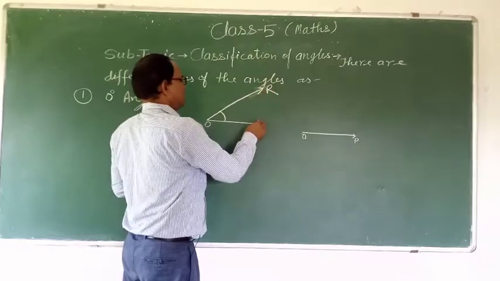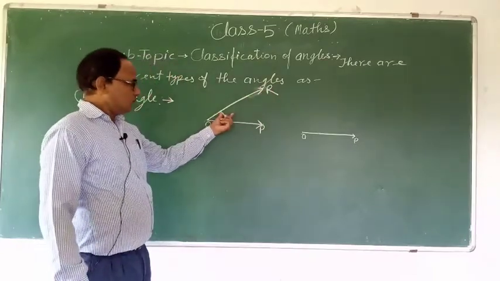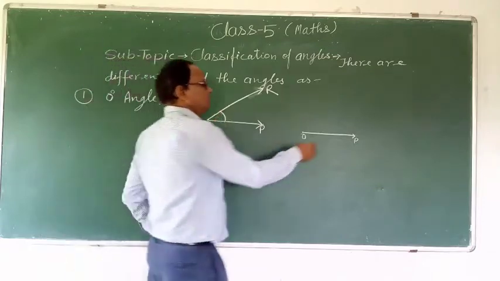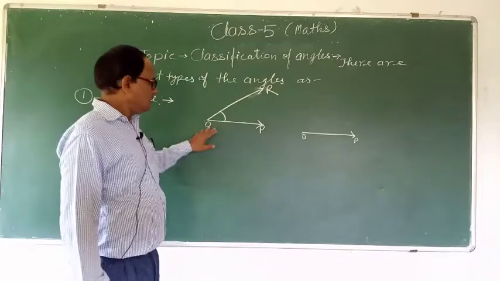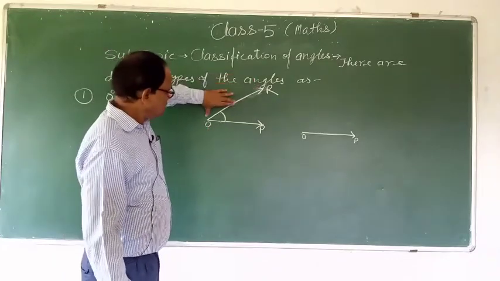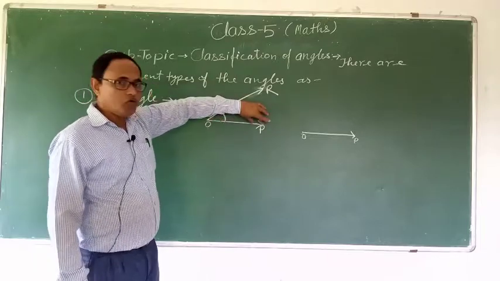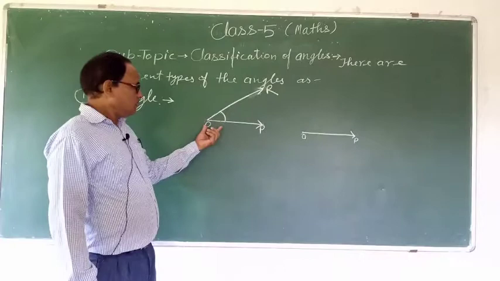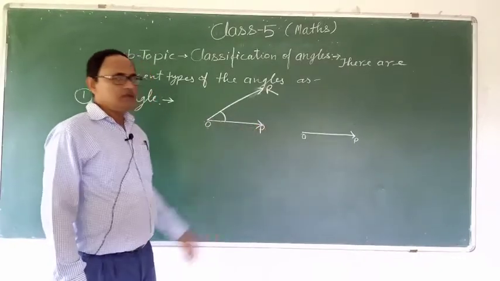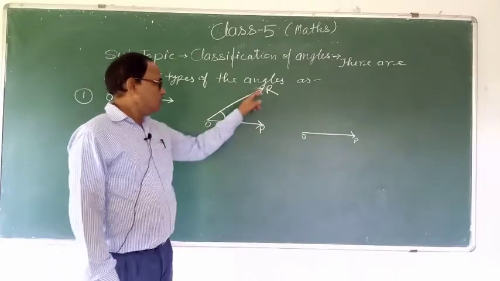Here POR is an angle, but we want to make a 0 degree angle. When the ray OR coincides with the ray OP, at that time the angle between P and R will be 0.